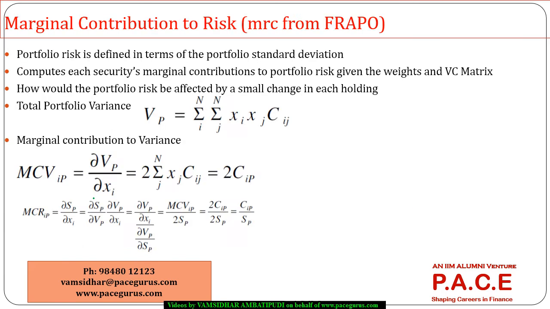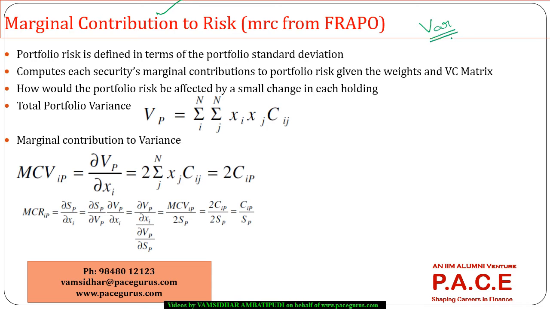Now let's move on to the next point, where I am interested in looking at the marginal contribution to the overall portfolio risk. We have got the overall portfolio variance, where we have computed the variance of the total portfolio in each of the cases.